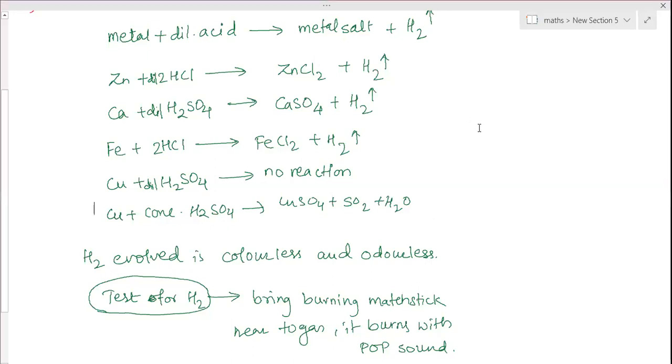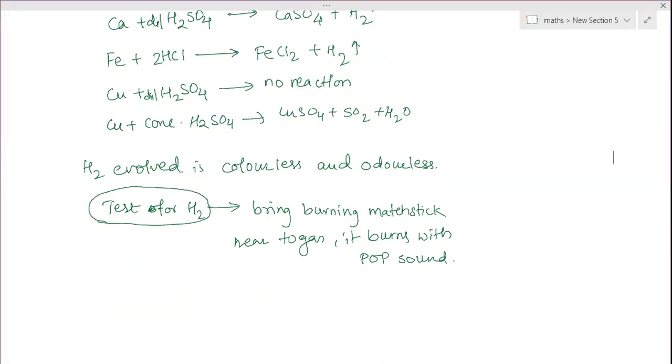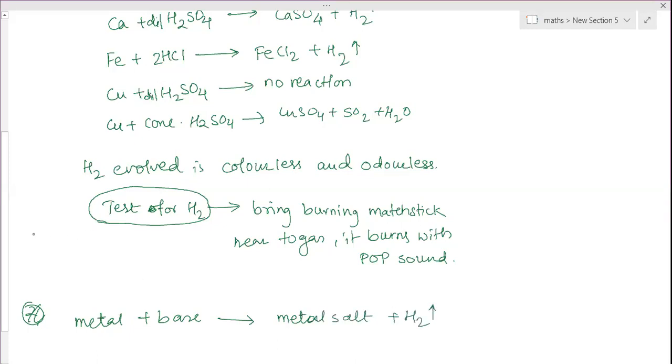Fine. So here next is reaction with metal carbonate and metal hydrogen carbonate. The second test, reaction of acids with bases also. Base reacts with metal. So metal plus base combines to form, again, a metal salt, and hydrogen gas is also given out in the same case.